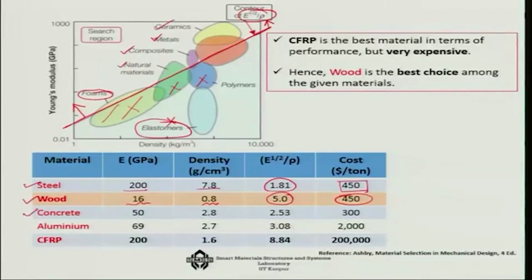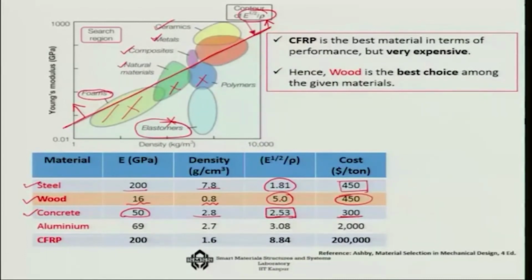Let us look at concrete. It has a modulus of elasticity of 50 gigapascal and a density of 2.8 gram per cm cube, so the factor will come out to be 2.53. Cost wise it is cheap, but this factor shows that it is not as good as wood.